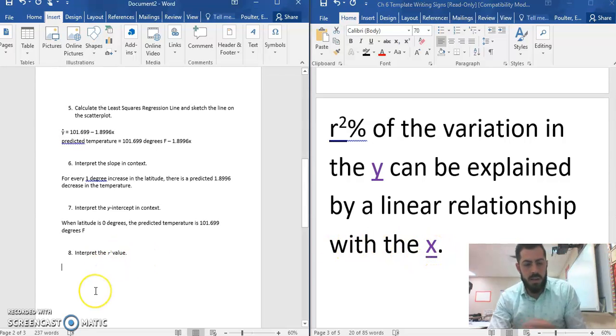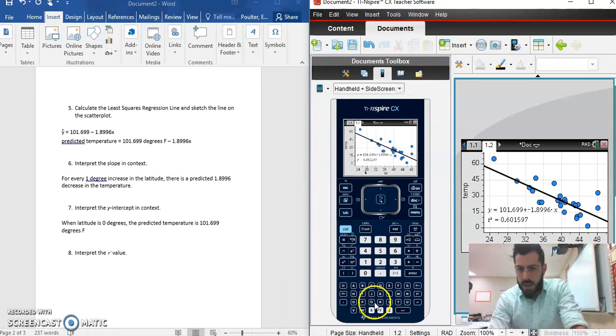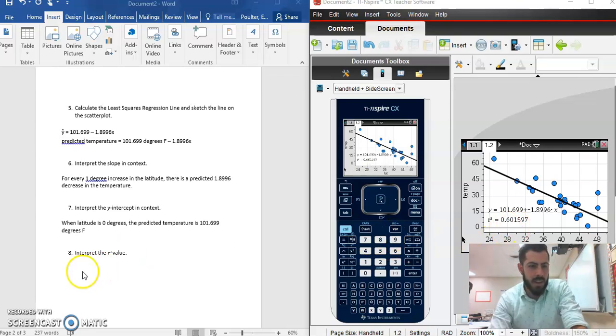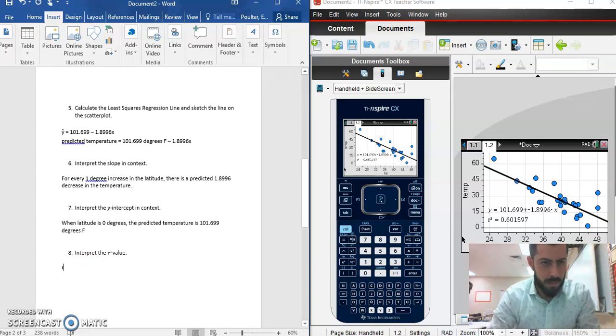So our R squared was, in this case, where'd my calculator go? There it is, 0.601569. So I'm going to go ahead and write that so I can see that. R squared equals 0.601597.